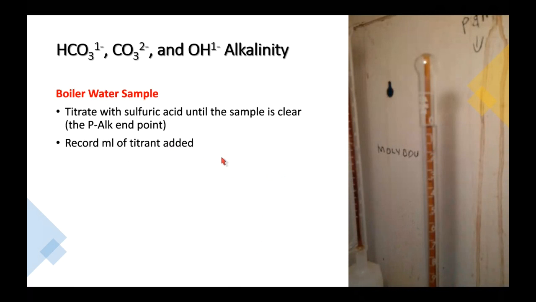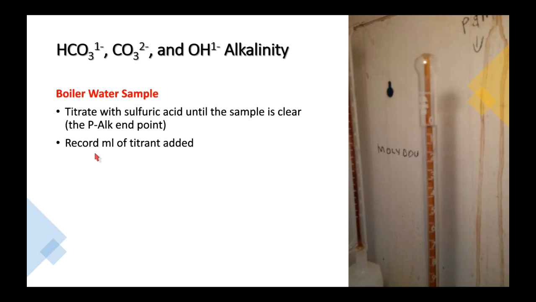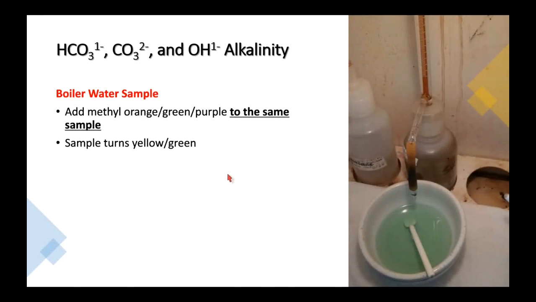So then what we're going to do is record how many milliliters of titrant we have added. That is our P-alk. Then we add some sort of a methyl. There's all kinds of methyl, orange, green, purple, something like that, and it really depends who you're talking to and what they call the stuff.